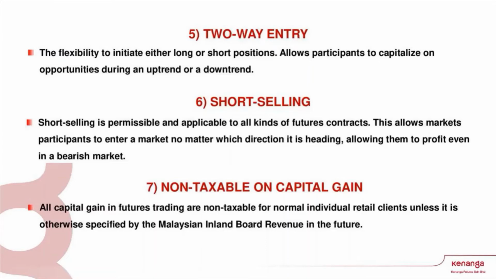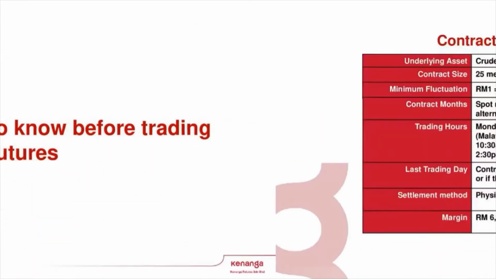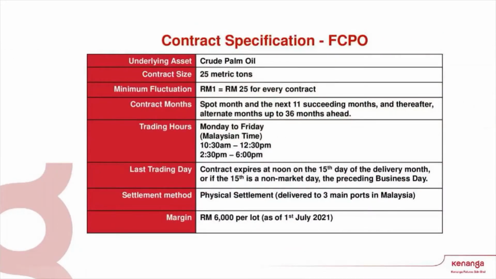Okay, this is how a futures contract specification would typically look and the features it has. Here is an example of the FCPO futures contract, which is a hallmark product of the Bursa Derivatives Exchange. The key things you have to take note of is what the underlying asset of the contract is, in which case this is crude palm oil.